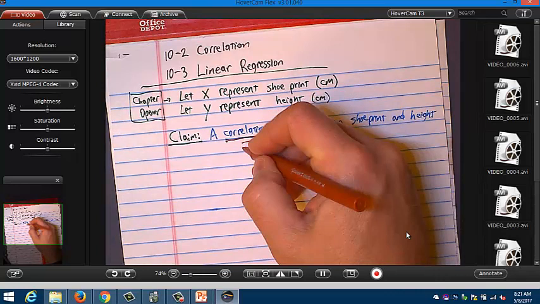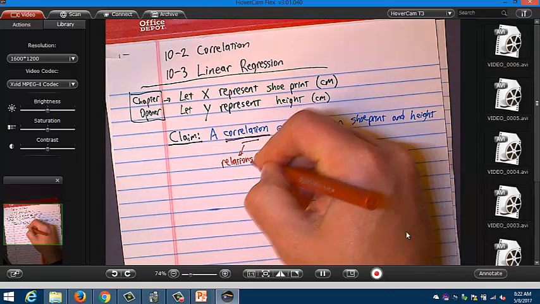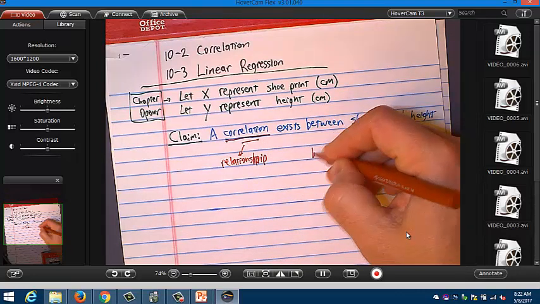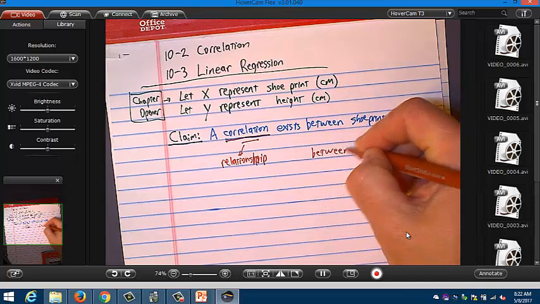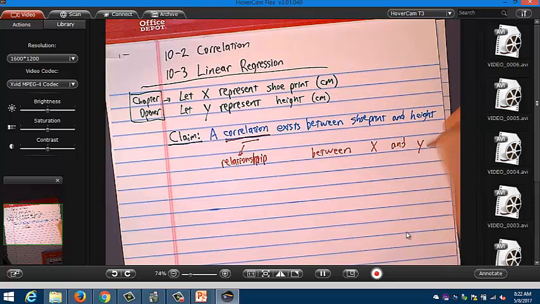A correlation means there's a relationship between, well, because the shoe print is X and the height is Y, that's what I'm really claiming. There's a relationship between X and Y. Now, it's a claim. Is it true or not?